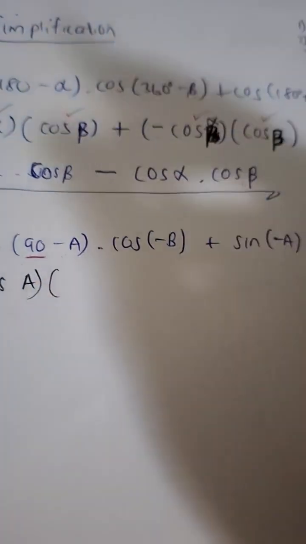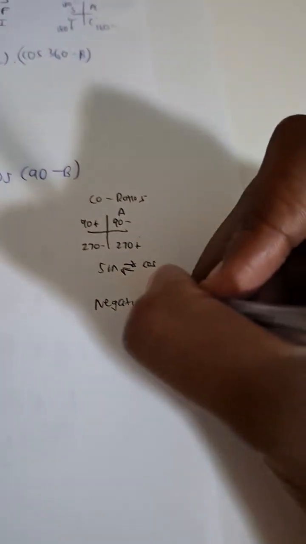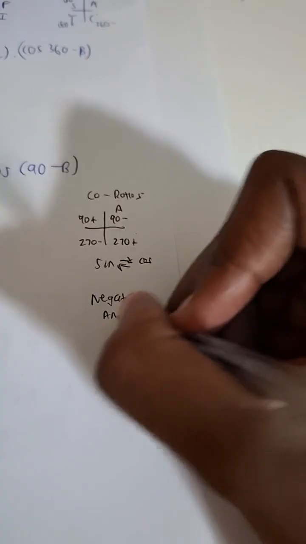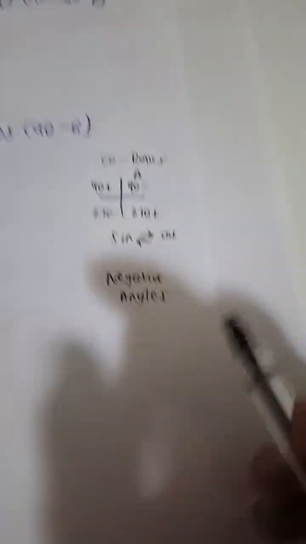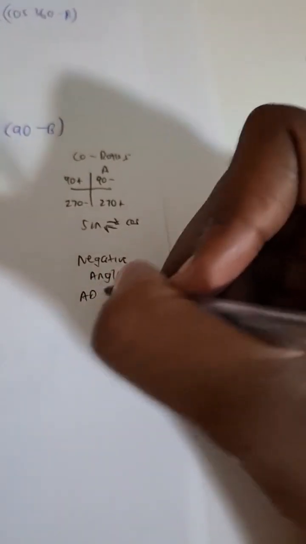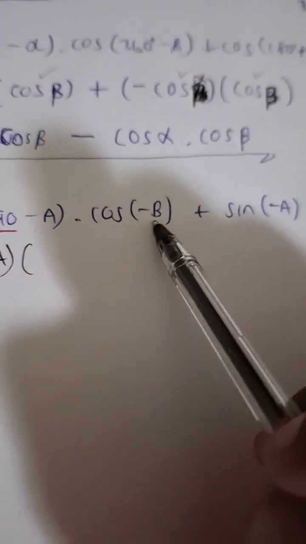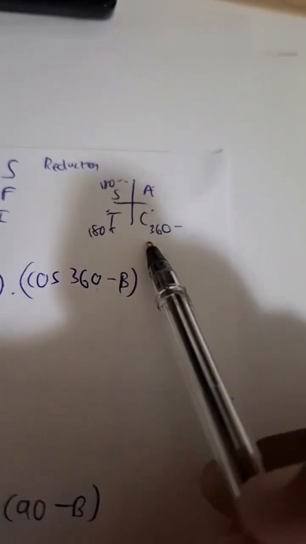Cos of negative B. Now, that's a negative angle. Our strategy for negative angles is very simple. What we do is we simply add 360 for negative angles. When we add 360, this becomes 360 minus B. Now, 360 minus B is in the fourth quadrant.